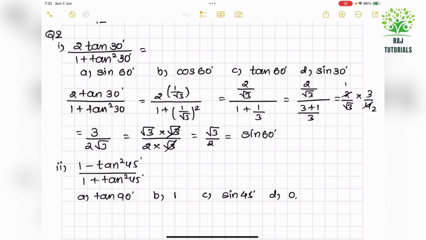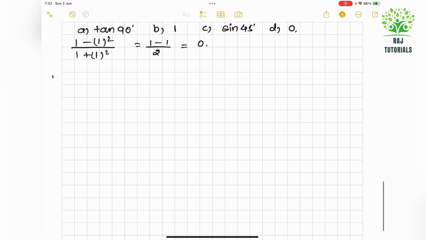So solving, if I put the values, tan square 45 means 1 square, so 1 minus 1 upon 1 plus 1 square. So this will be 1 minus 1 upon 2, so 0. So option D is the correct one.